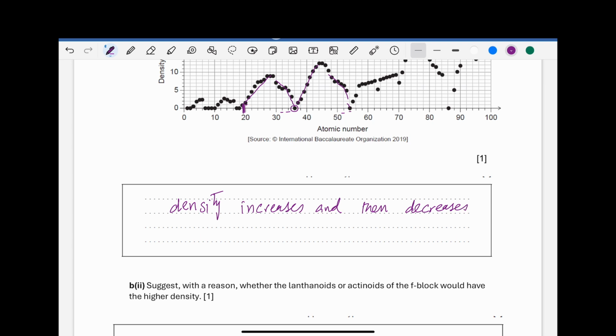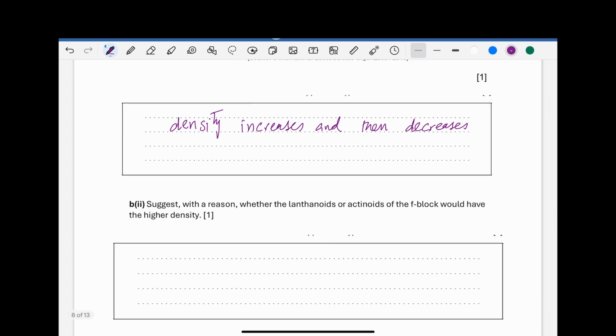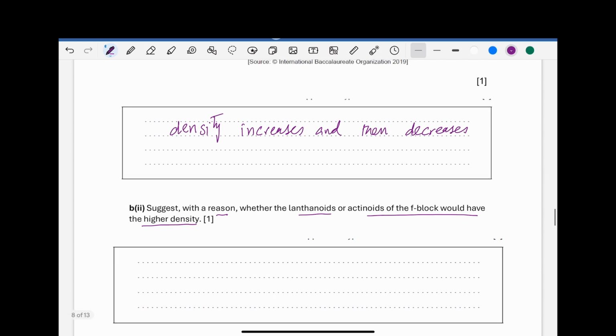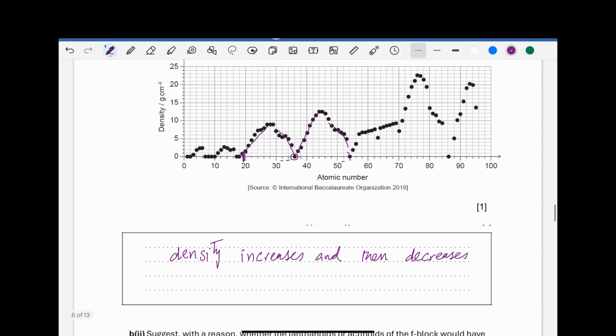Just reading the graph, basically, using the periodic table. 2. Suggest with a reason whether the lanthanides or actinides of F block would have the higher density. So let's go back to the graph one more time.